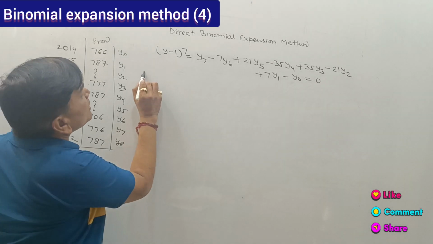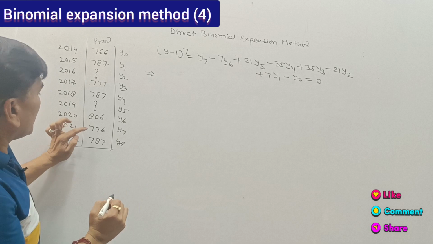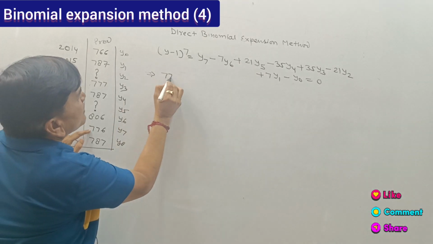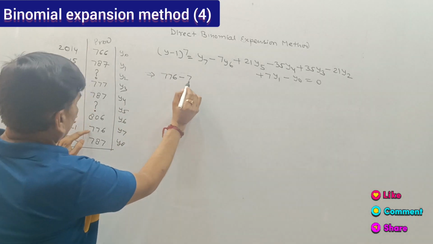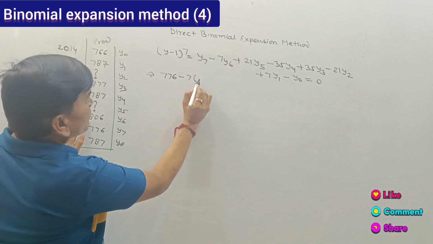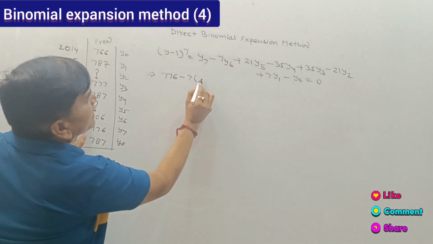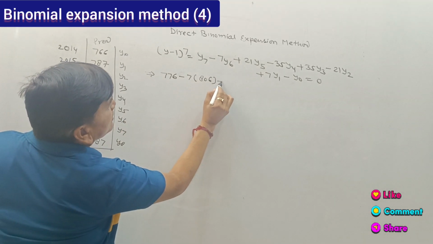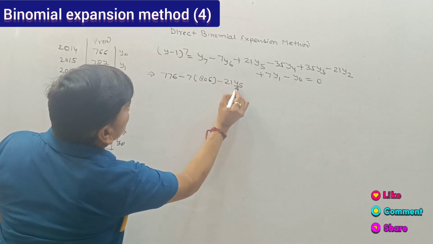Now we will put in the values. The y7 value is given, that is 776, minus 7 times the value of y6, which is 806. The 21y5 value is not given.